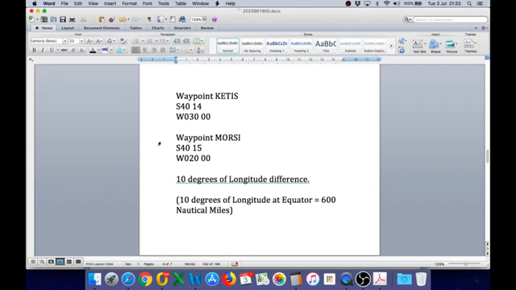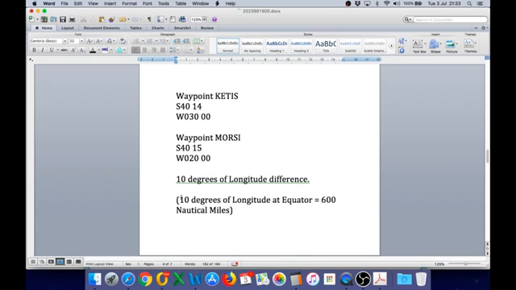Waypoint Morsi is south 40 degrees 15 minutes latitude, west 020 00 longitude. So we have exactly 10 degrees of longitude difference between the two waypoints. They are both just south of South 40 latitude. There's in fact only 1 nautical mile difference, so that's not enough to be significant in the calculation.